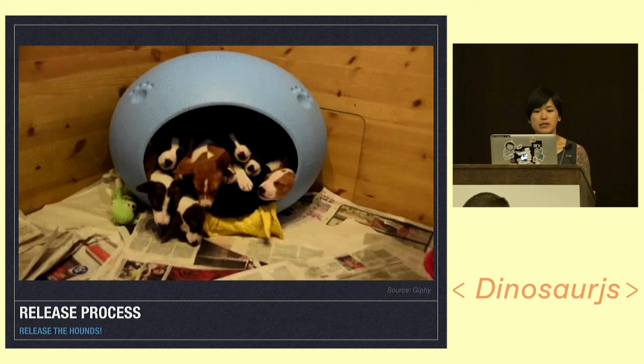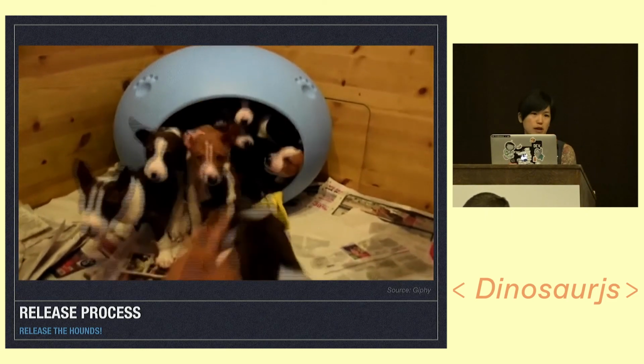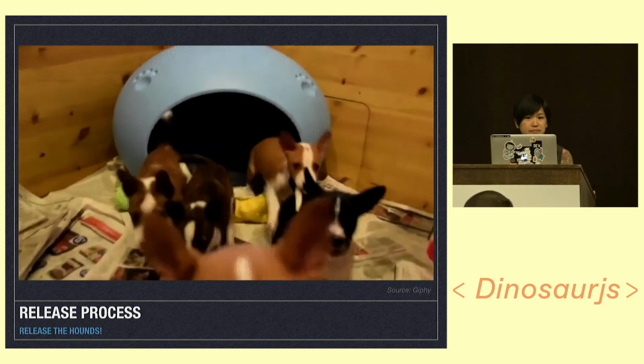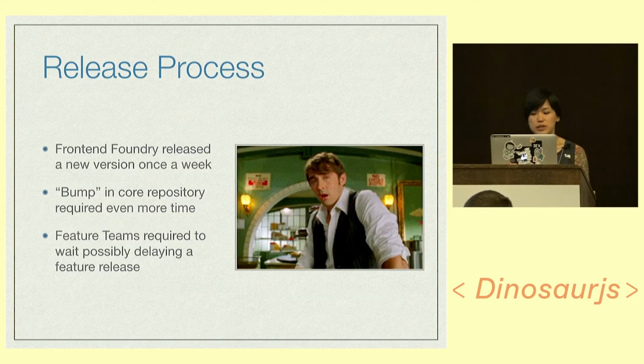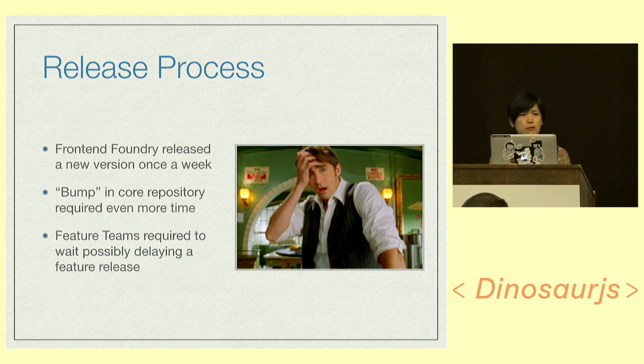Lastly, one of the issues that we saw was that our release process was very complicated. With our release process, Front-End Foundry would release our design system once a week, and that design system needed to be bumped in our core repository, and that was typically once a week as well.